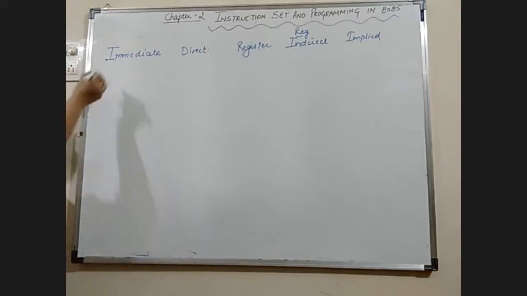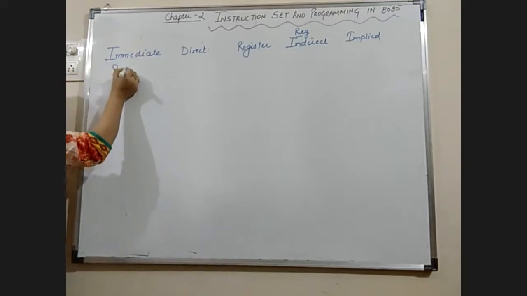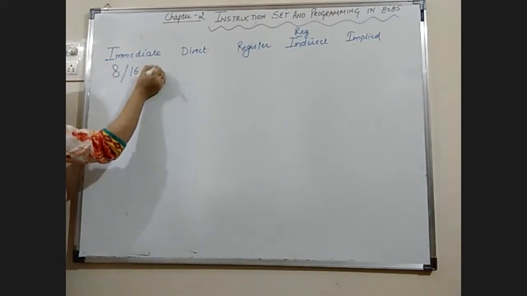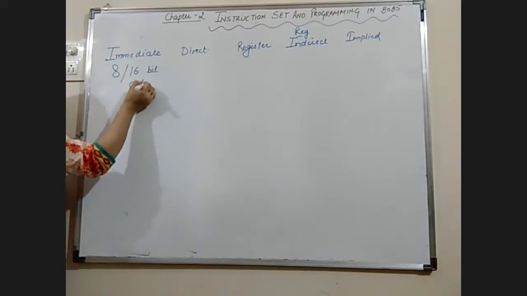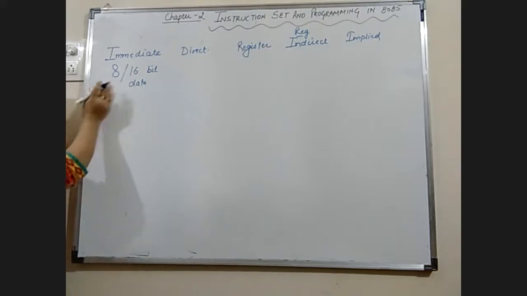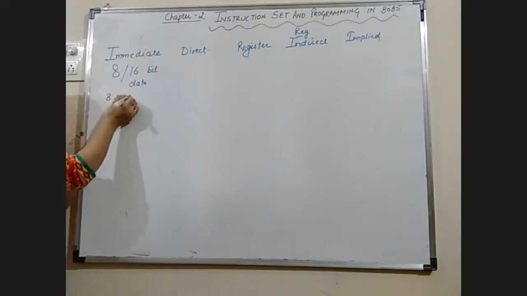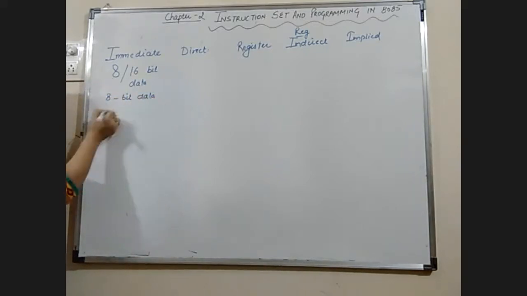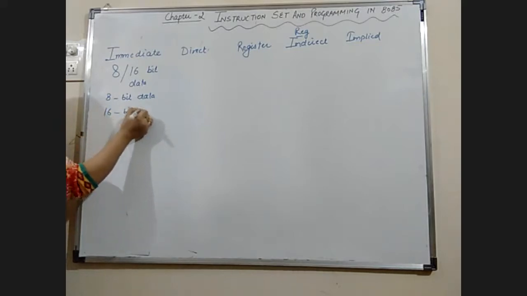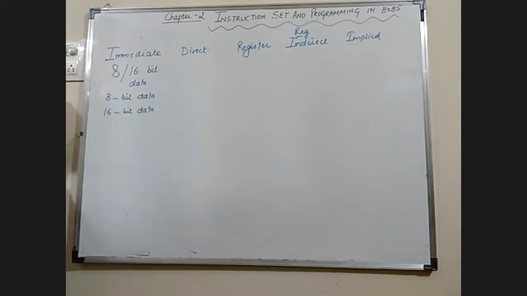So in this type of addressing mode, if it is 8-bit, then it is 8-bit data, or 16-bit data is specified in these types of instructions.